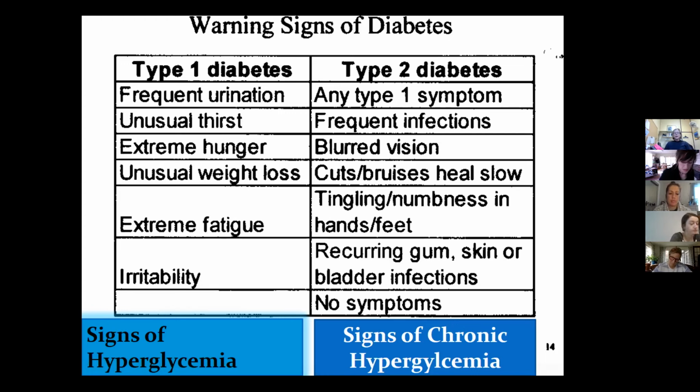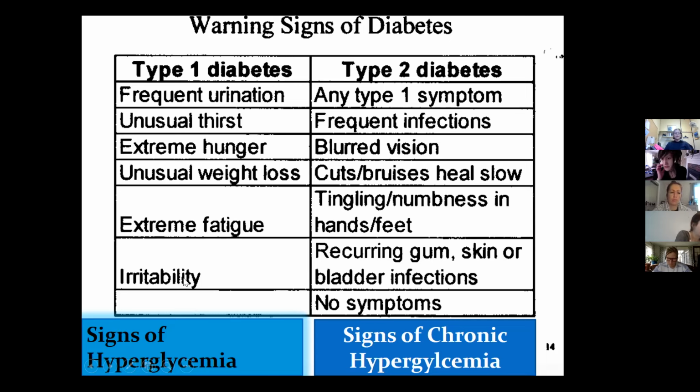People with type 1 diabetes also become hungry. And the reason for that is because they're not able to use their circulating glucose. And so cells perceive themselves to be starving. Well, they are, because they can't use the glucose that is available. Extreme fatigue, for the same reason. The cells are not getting the fuel that they require.